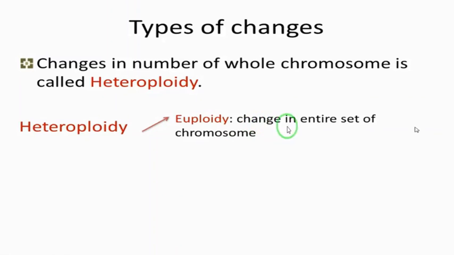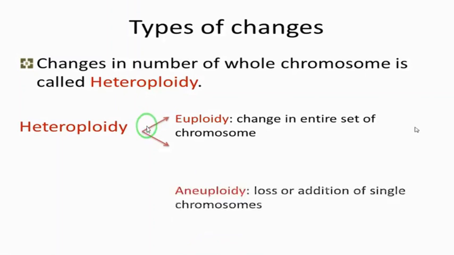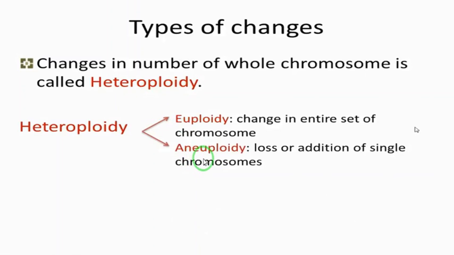Euploidy means change in the entire set of chromosomes. Aneuploidy means loss or addition of single chromosomes. That is a loss, sometimes deletion, sometimes addition of a single chromosome.